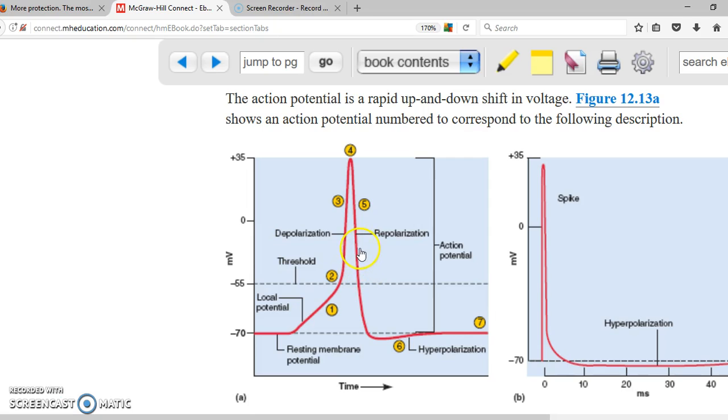Since the potassium leaves, you don't have a lot of potassium inside that neuron. So how will you start this new resting potential right here? Well, the sodium-potassium pump is responsible for that.